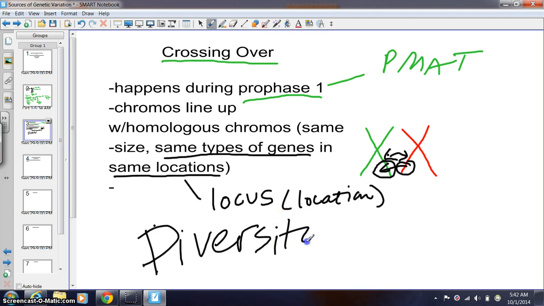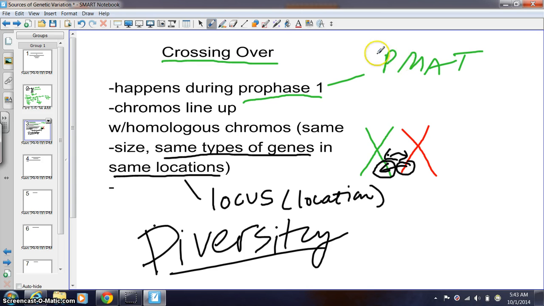Crossing over is essential to creating a mix-up of genetic material, because genetic material that is too similar can result in all kinds of complications, which we've already talked about. So that's crossing over. Again, this happens during prophase.